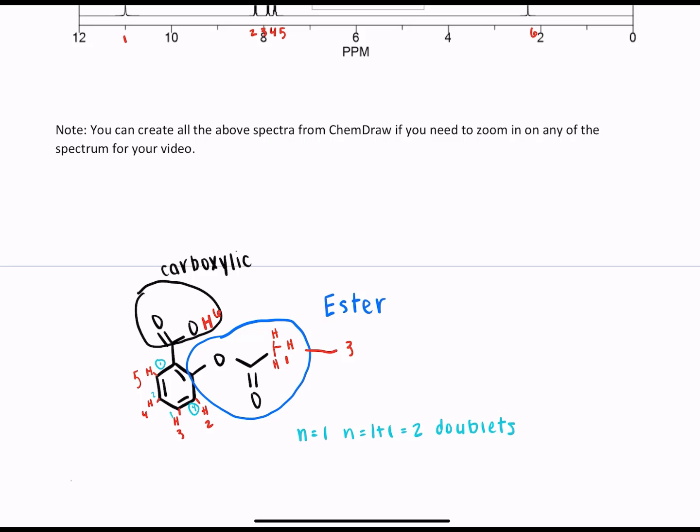Our 3H hydrogen right here in our ester functional group does not have any adjacent carbons, so we know this is a singlet. Our 1H hydrogen in our carboxylic group right here also has no adjacent carbons, so that is a singlet.